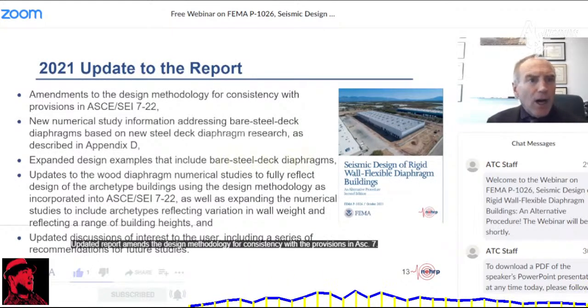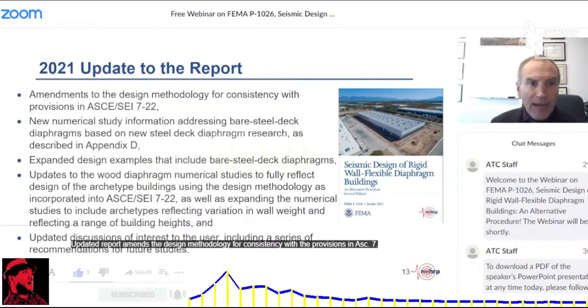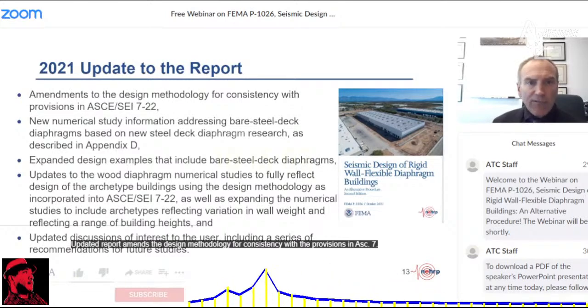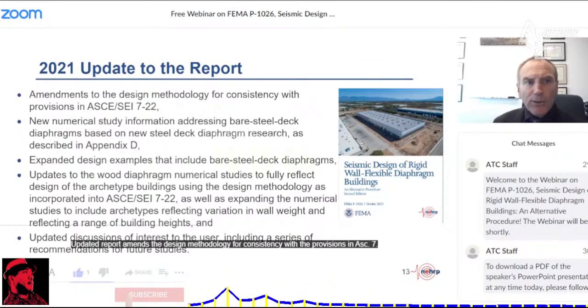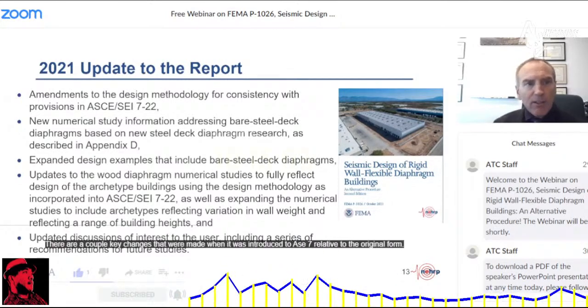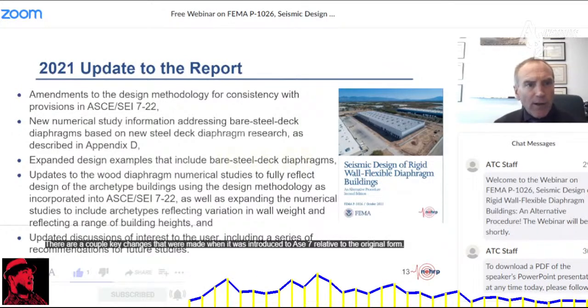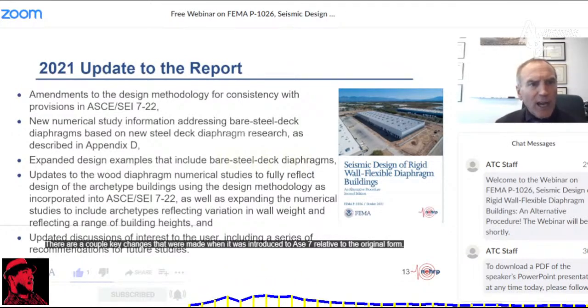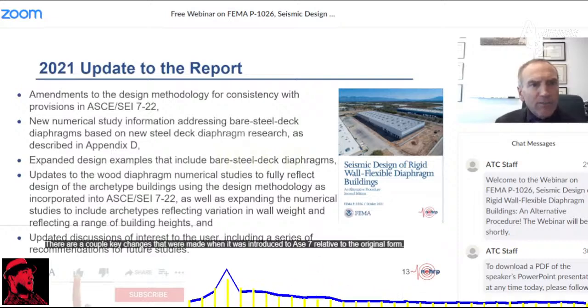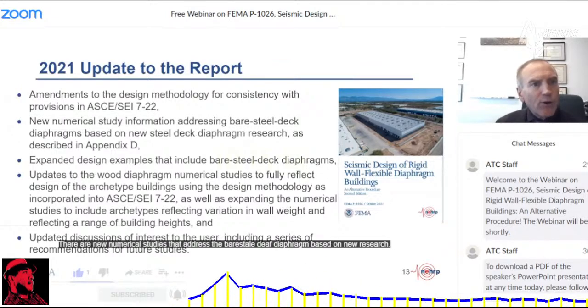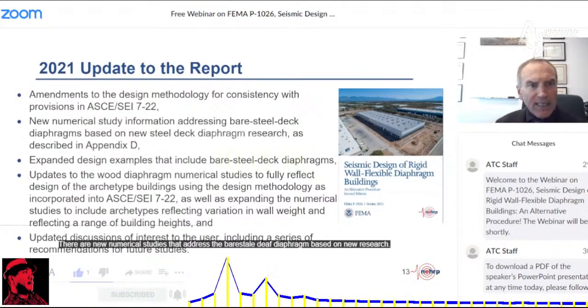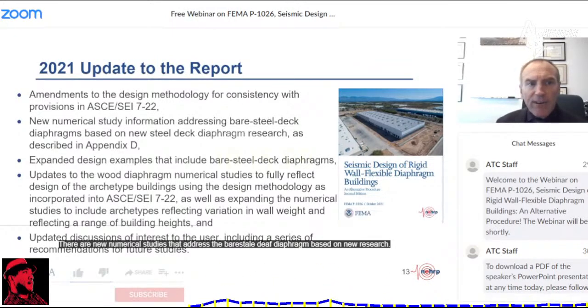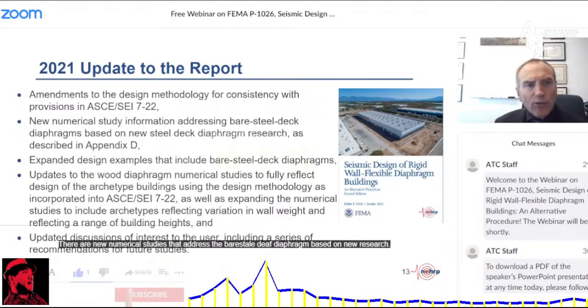The updated report amends the design methodology for consistency with the provisions in ASCE 7. There are a couple key changes that were made when it was introduced to ASCE 7 relative to the original form. There are new numerical studies that address the bare steel deck diaphragms based on new research.